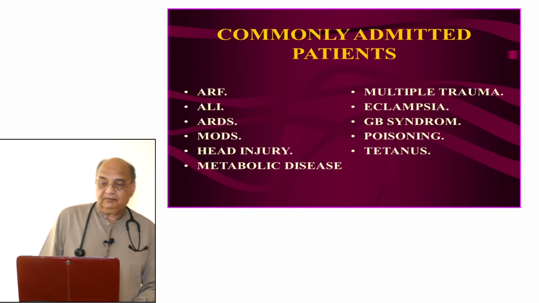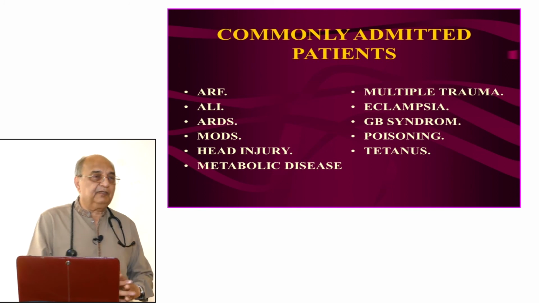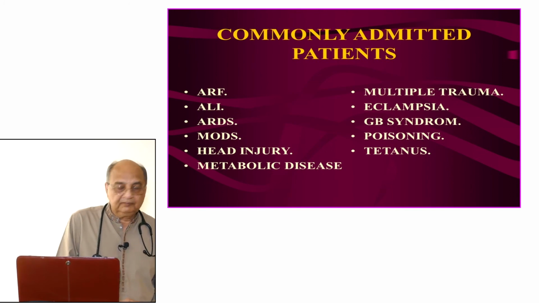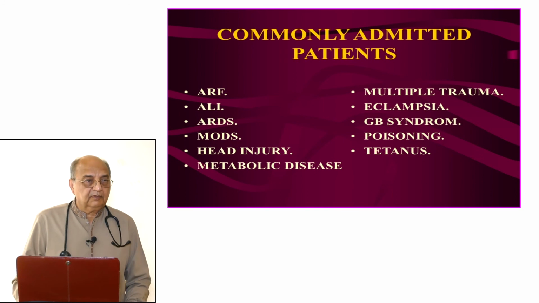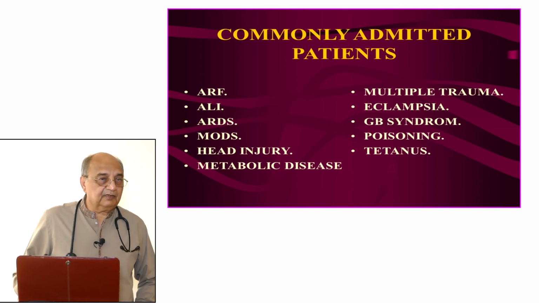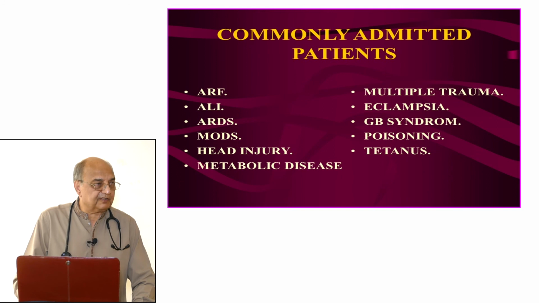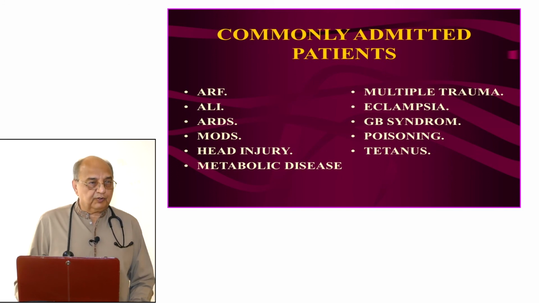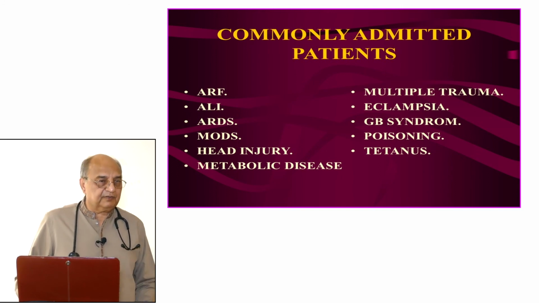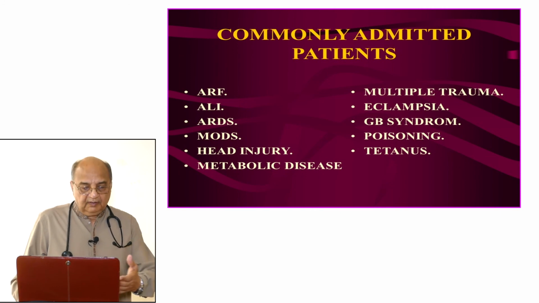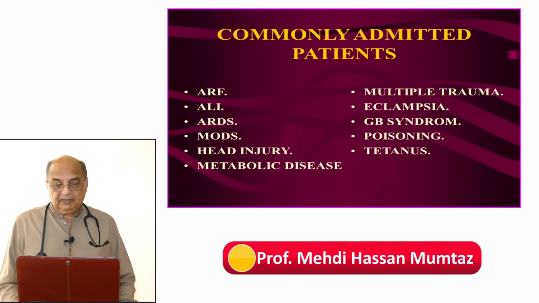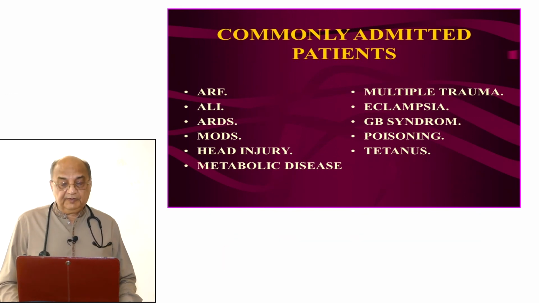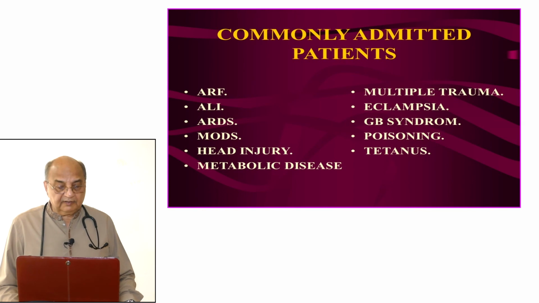Now, pulmonary admitted patients. What types of patients are commonly admitted to the ICU? Acute respiratory failure, acute lung injury, then ARDS patients, adult respiratory distress syndrome, then MODS, multiple organ dysfunction syndromes, or head injury, metabolic diseases, then multiple trauma, eclampsia, GB syndrome, poisoning, tetanus.